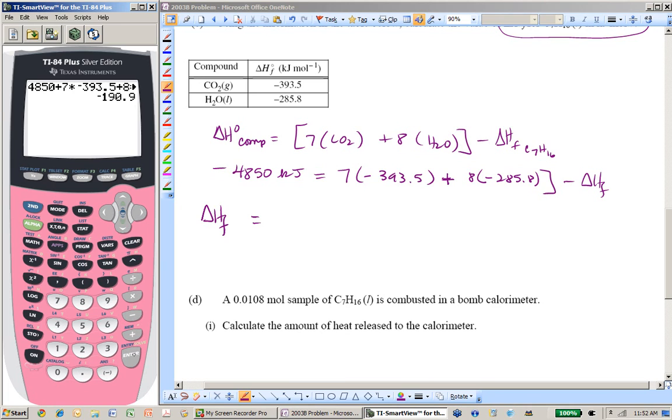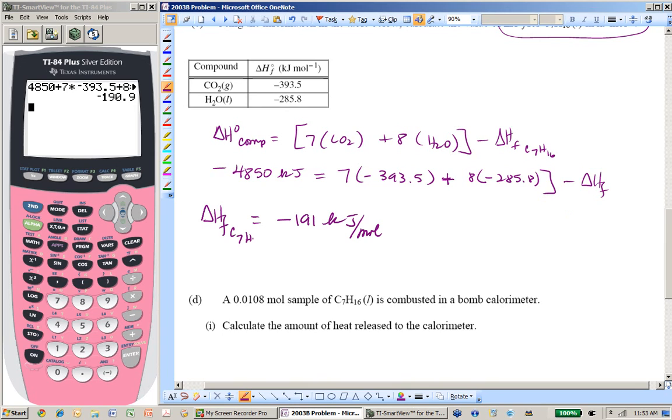Enter. So I'm going to call it negative 191 kilojoules per mole. And that was C7H16. And there you have it.